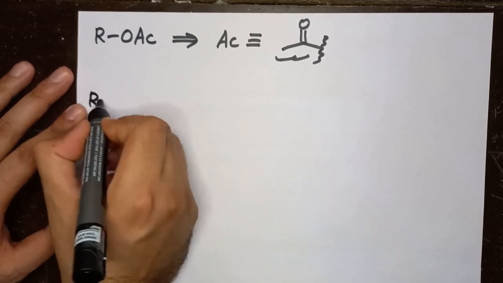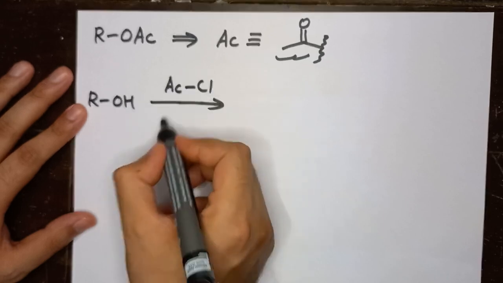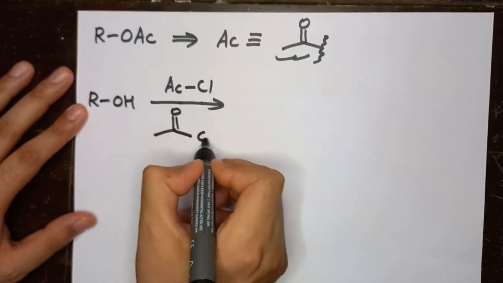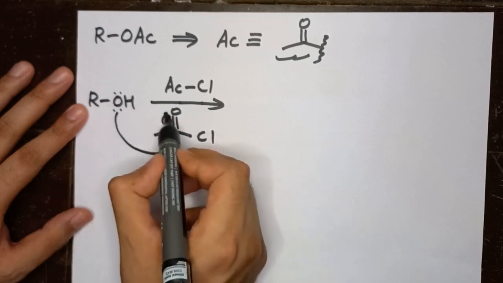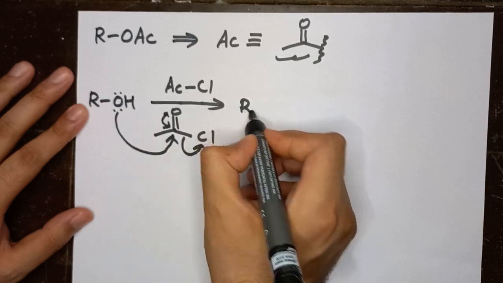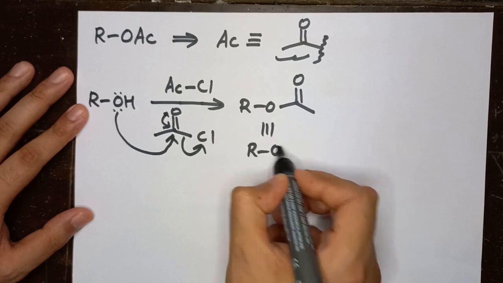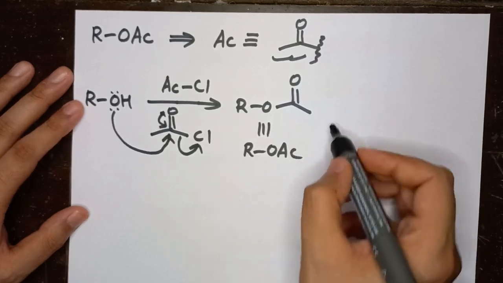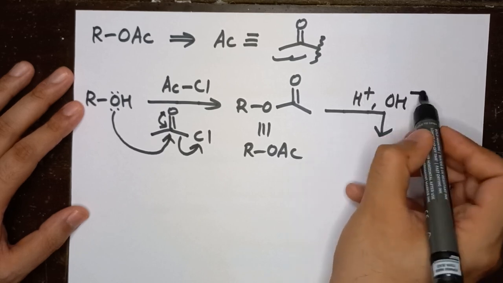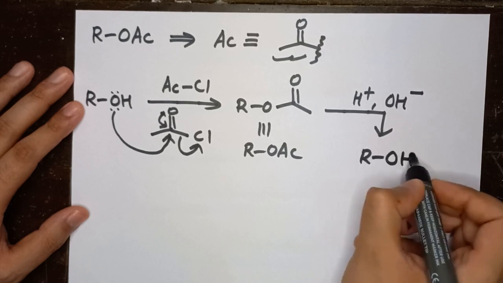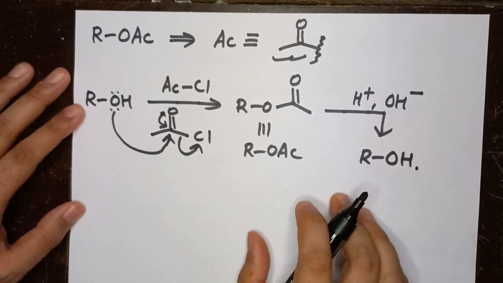Suppose I have an alcohol and I'm reacting it with acetyl chloride. So the acetyl group is this one, and this is my chloride version. This oxygen lone pair will attack here. Through conjugation, Cl is going to leave, and you have formed the protected alcohol called ROAc. And to deprotect, you can use acidic or strong basic conditions, and you will get back the alcohol functional group. So this is about the acetyl protection strategy.